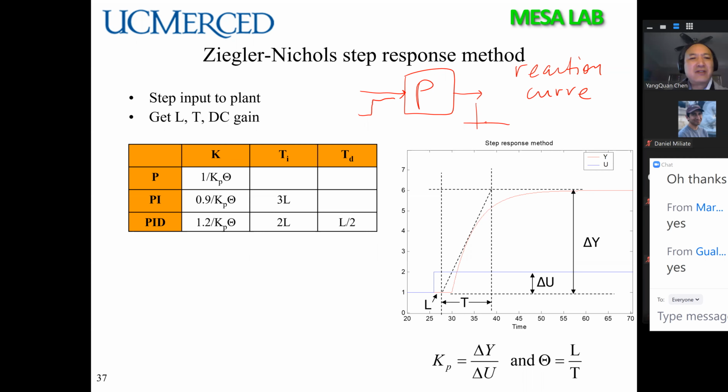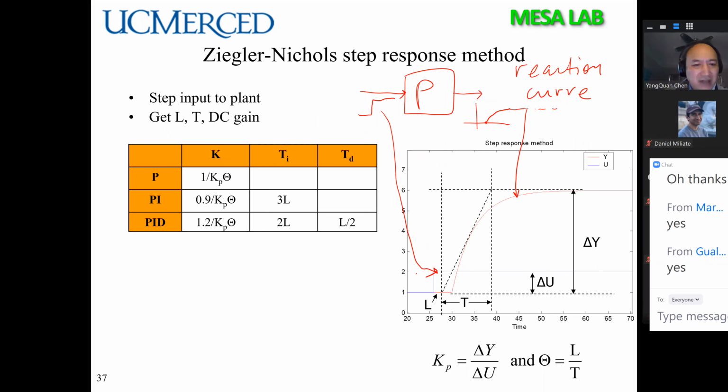You have a delay, then a rise, and eventually you settle at a certain value. This is called a reaction curve. The input is this blue curve. You have a step and see how it reacts.